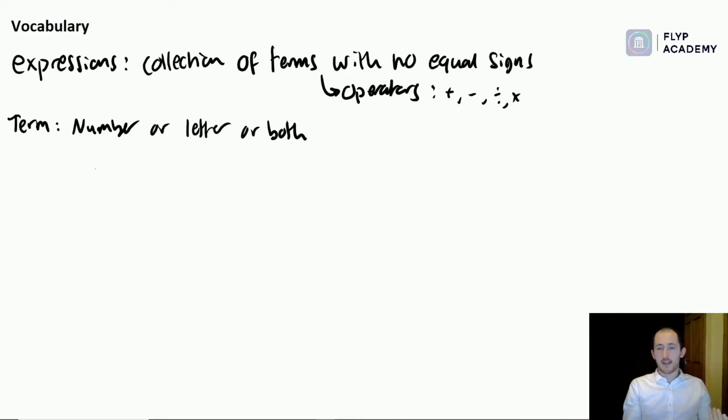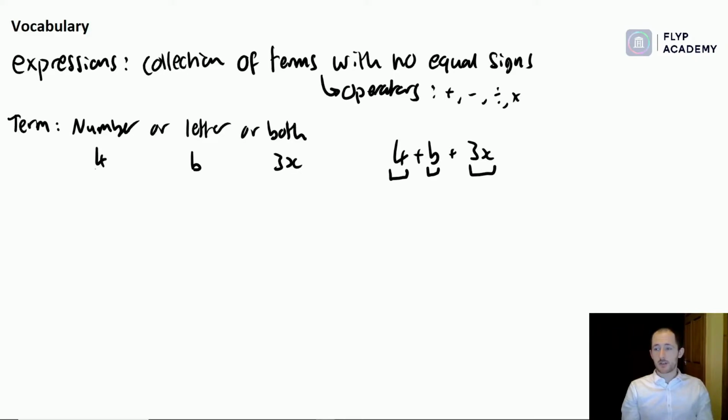What I mean by that is the number 4 is a term. The letter b is a term, but also the combination 3x is a term. So if I were to write something like 4 plus b plus 3x, we have three separate terms: 4, b and 3x.